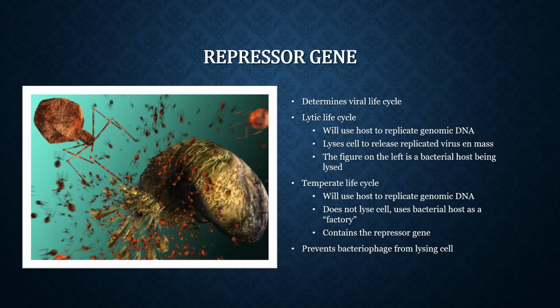Doing this allows them to continue to use the same bacterial host to infect other bacteria. So in essence, the repressor gene just prevents the bacteriophage from lysing the bacterial host.